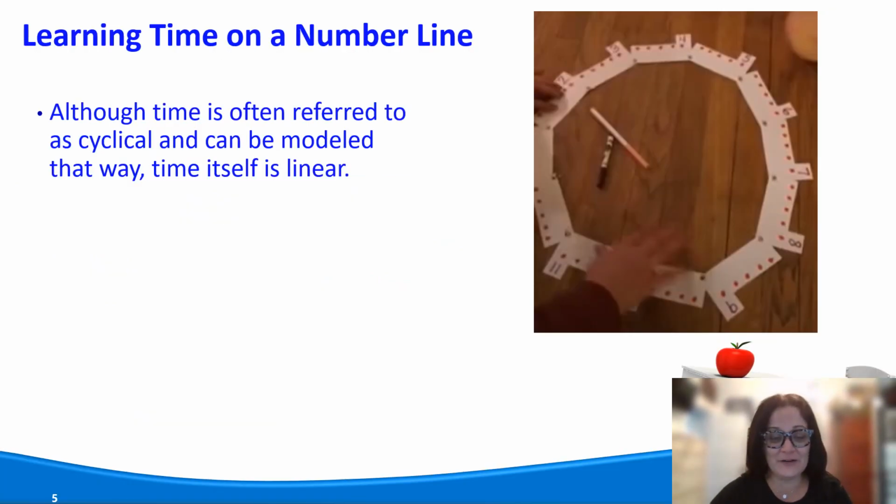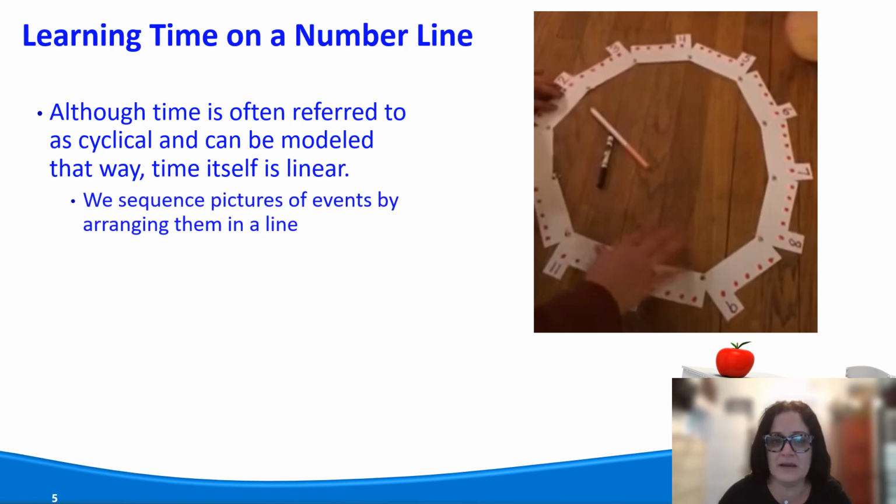So let's talk a little bit about learning time on a number line that we saw in the video. We know that time is often referred to as cyclical and can be modeled that way. However, time itself is linear. When we introduce the concepts of time and we're having our students sequence what I do in the morning, when I wake up, I eat breakfast, and then I brush my teeth, those events are typically arranged in a line, such as a timeline.